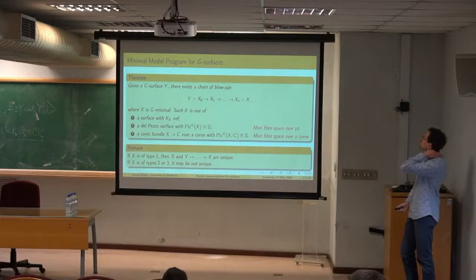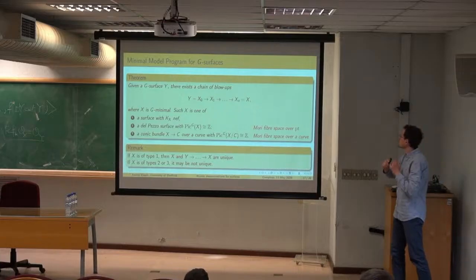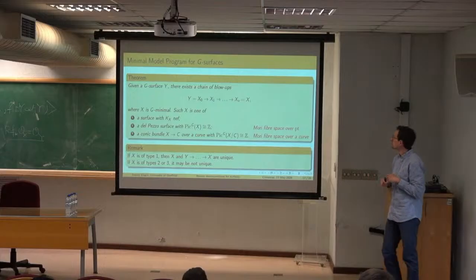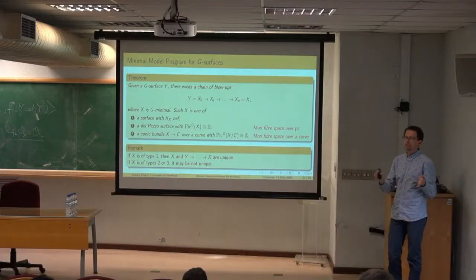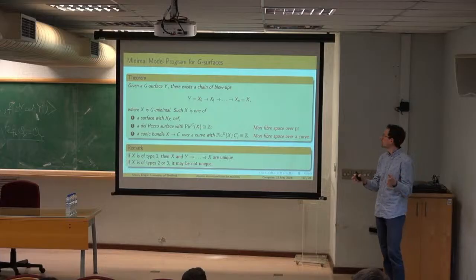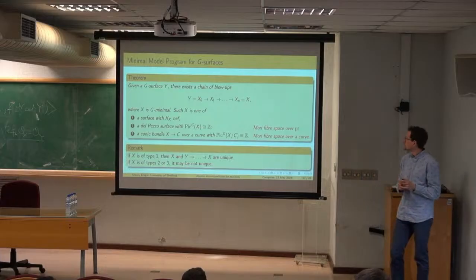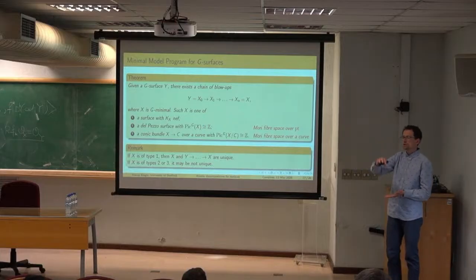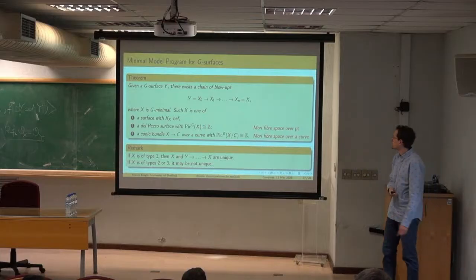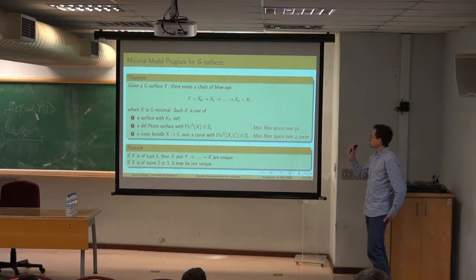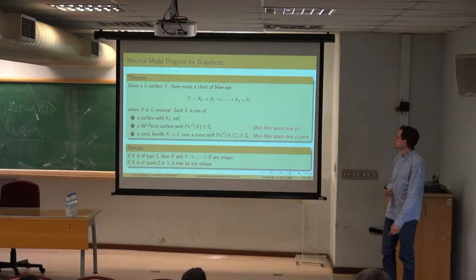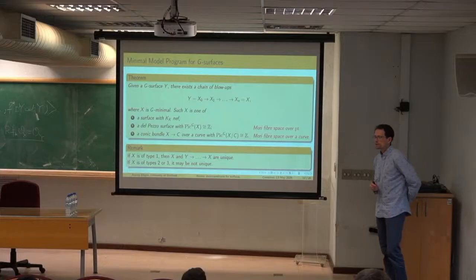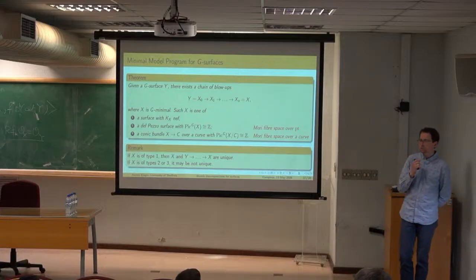This chain of blowdowns in general is not unique, so we may have different minimal models starting from our surface Y. But a good point is that in case 1, the minimal model is unique and the chain of contractions is also unique. So from the birational geometry perspective, case 1 is not interesting, while cases 2 and 3 are more interesting and have richer birational geometry and more semi-orthogonal decompositions.